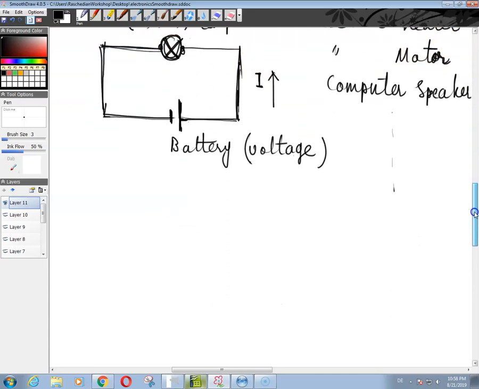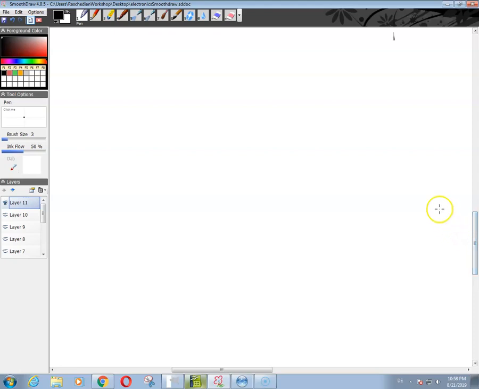Now if you want to talk about this in a more sophisticated way, we say that an electric current is a flow of electric charge.